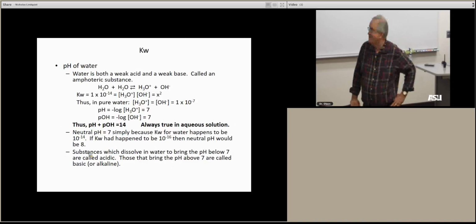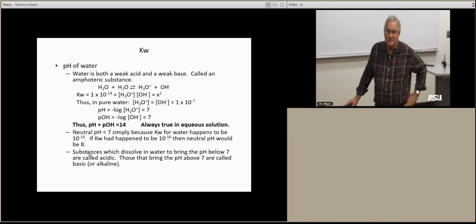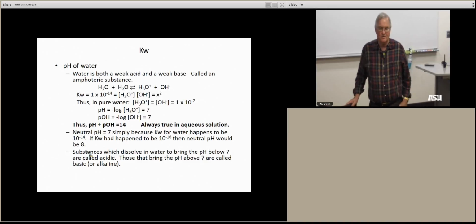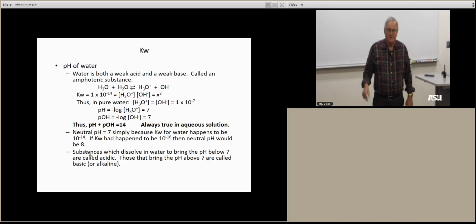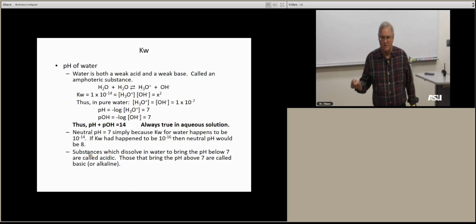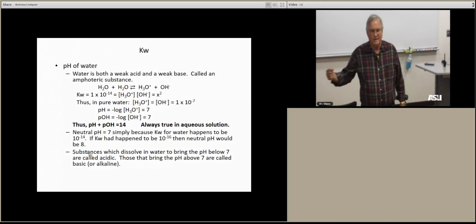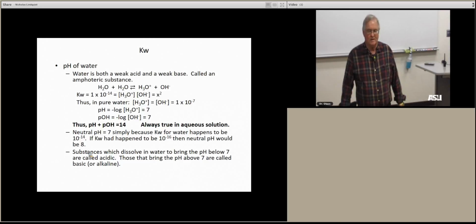It turns out that it's 1 × 10⁻14 at room temperature. So I can write the equilibrium constant for this reaction. It's products divided by reactants, right? So the products are going to be H3O+ and hydroxide ion, and the reactants are water, but we don't include the concentration of water in the equilibrium expression.